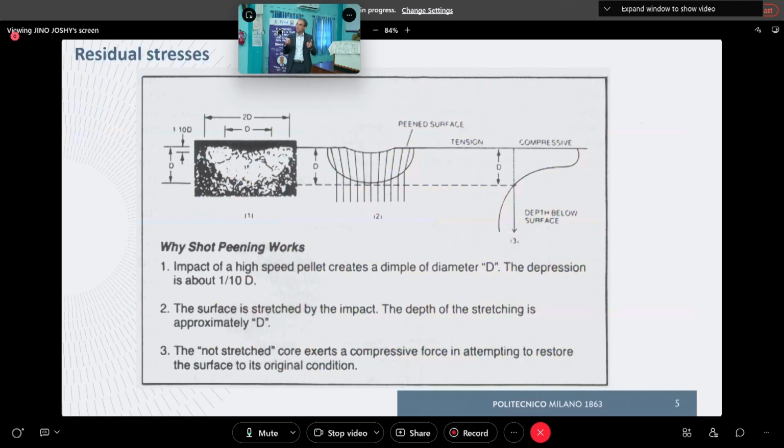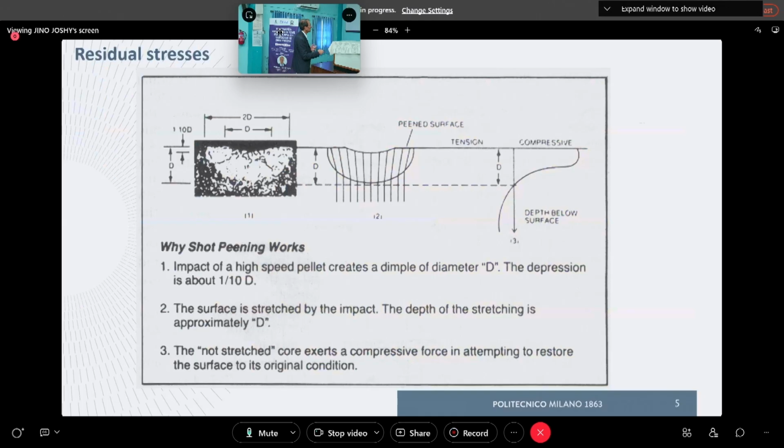So when the load is over and the peening is finished, it's not going to return to the original position. Each point in that layer of material under the surface and on the surface is not going to move back to the original position. This is plastic deformation.